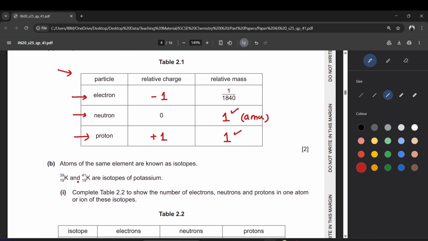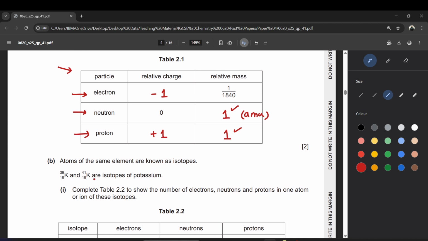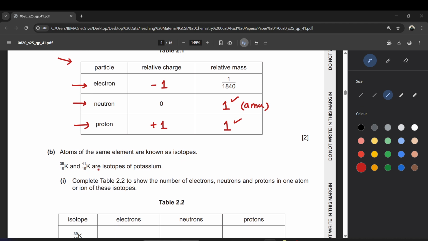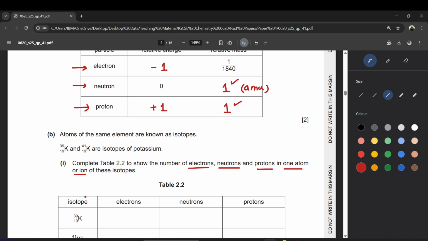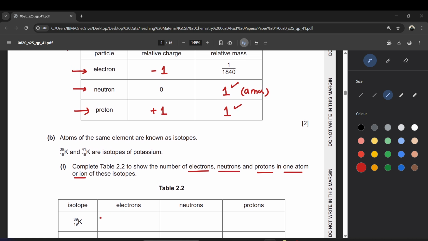Part B. Atoms of the same element are known as isotopes. So you have two isotopes of potassium. Complete table 2.2 to show the number of electrons, neutrons, and protons in one atom or ion of these isotopes. So let's look at the first one.